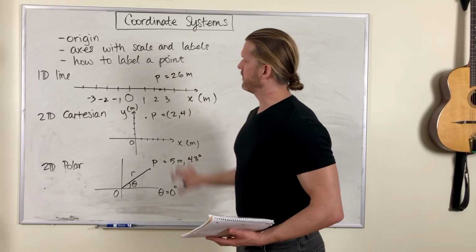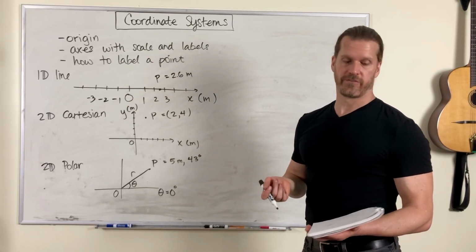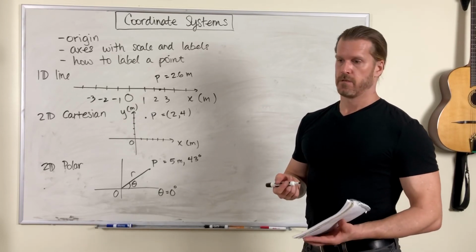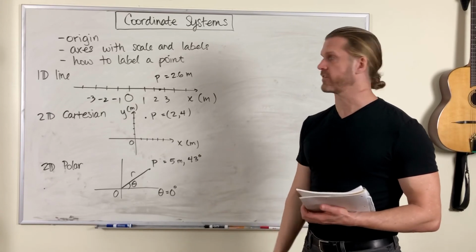Now in physics 6, this is pretty much all we're going to encounter, but there are other types of coordinate systems that you end up using a lot, especially as you go farther in physics.